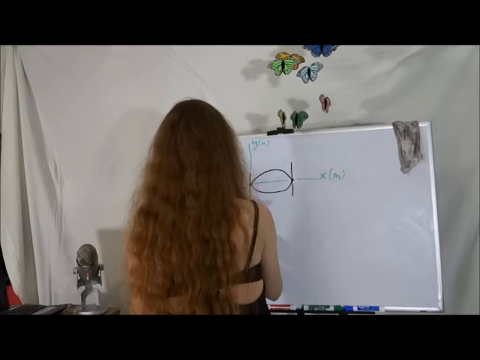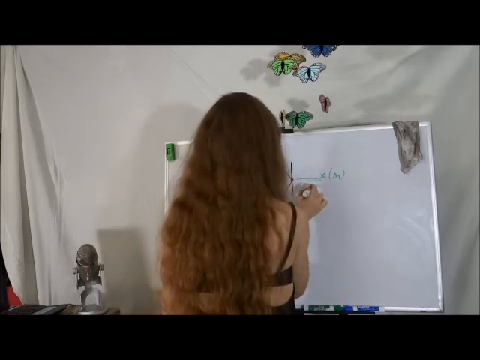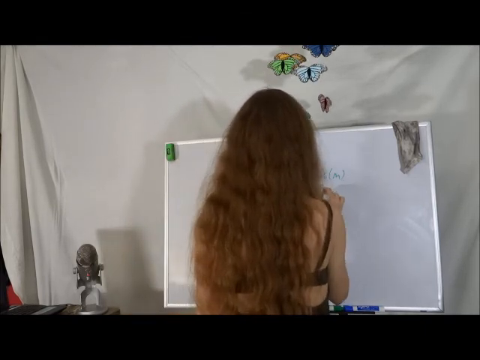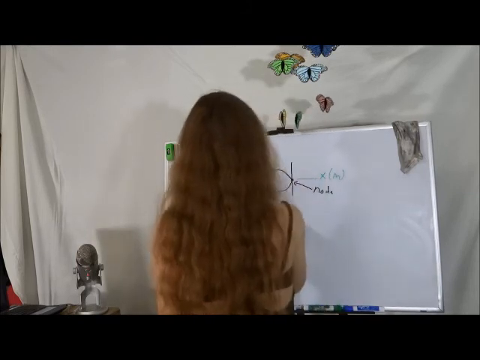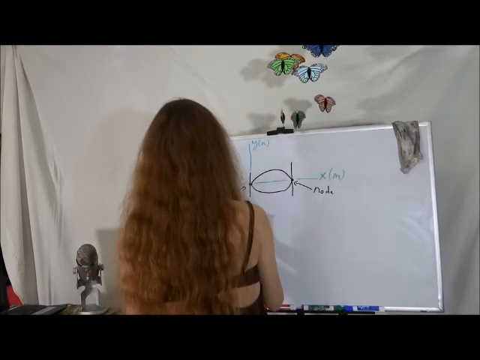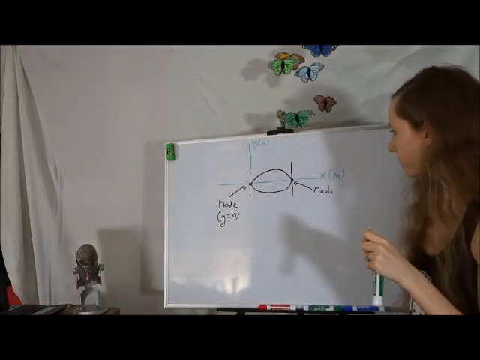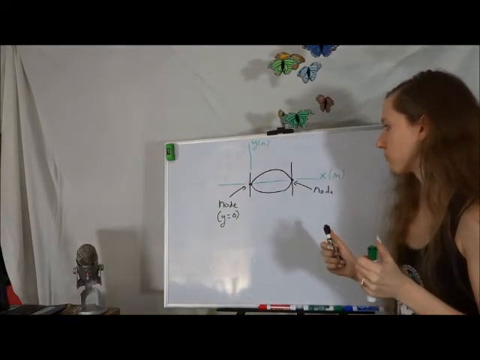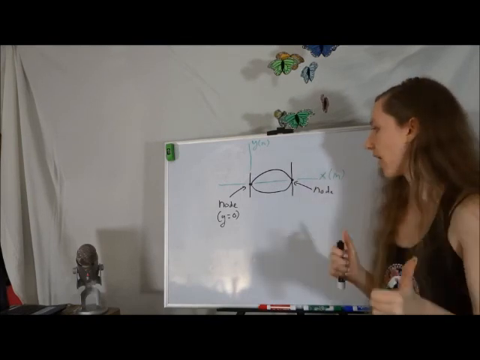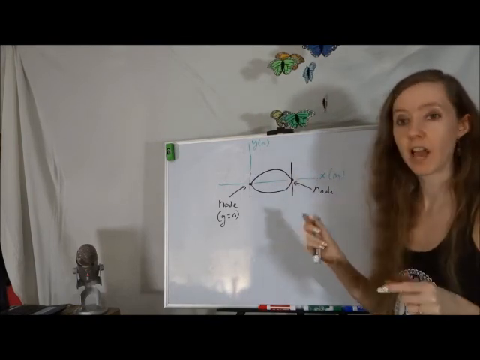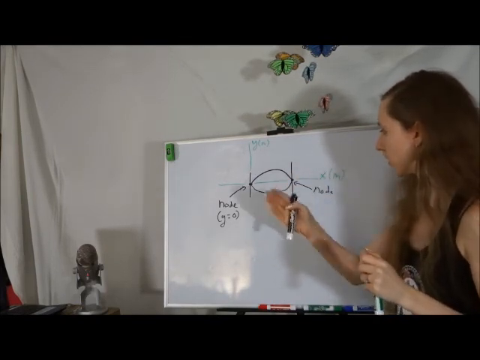So this is going to be a node, and this is going to be a node. And I'll put parenthetically y equals 0. So since you have to have a node at either end, the smallest number of nodes you can have and have a standing wave is 2.